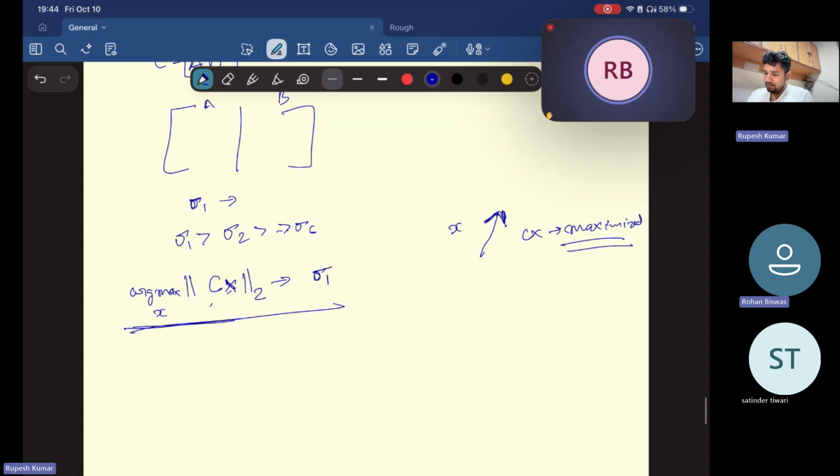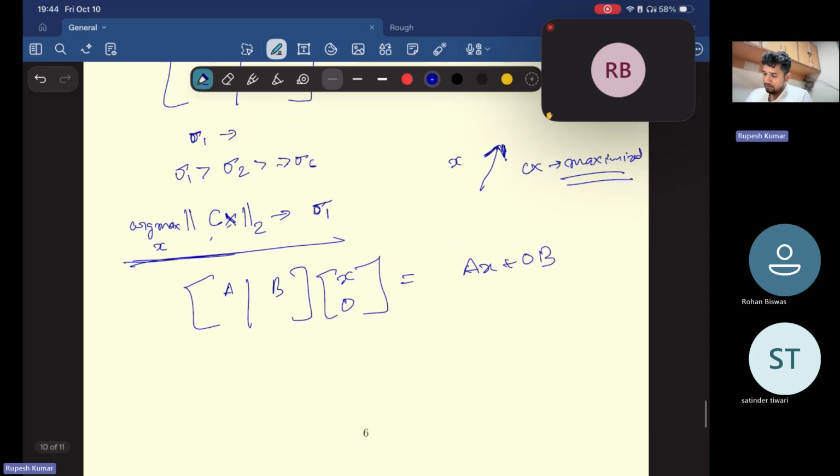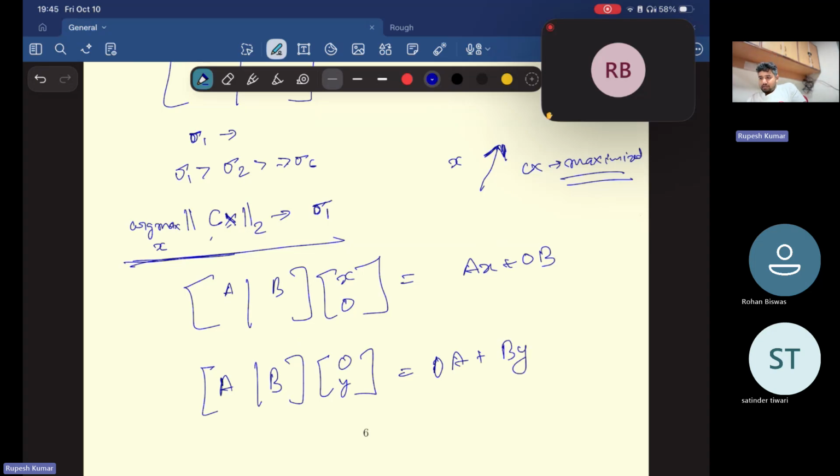Not directly. Directly we can't say anything about this matrix, but let's see, if we choose some vector like this, such that it gives us Ax plus 0B, or if we choose a vector like this, 0, y, giving 0A plus By, something like this.